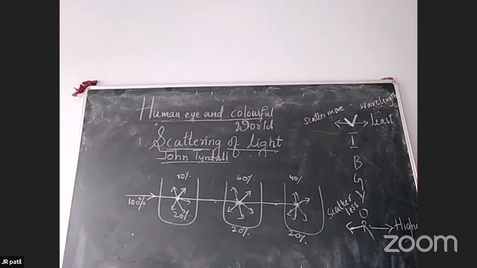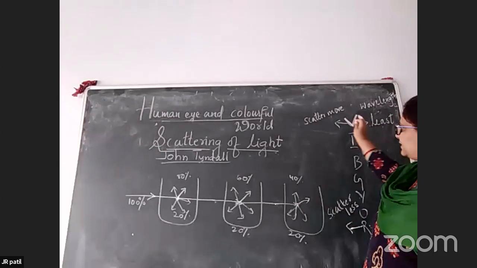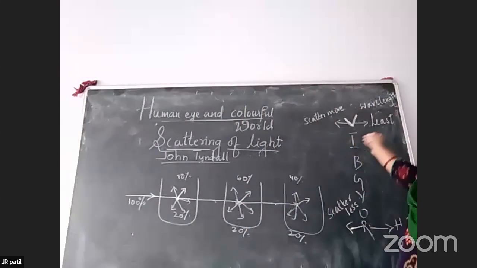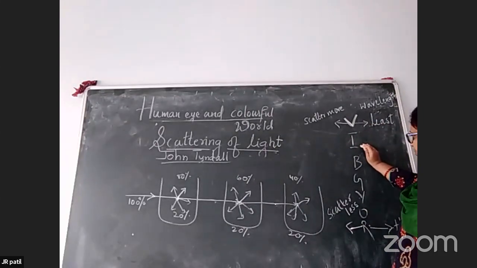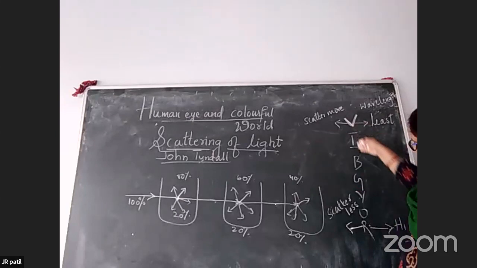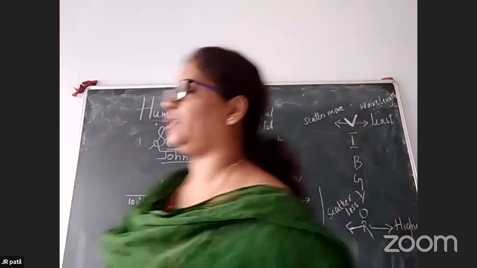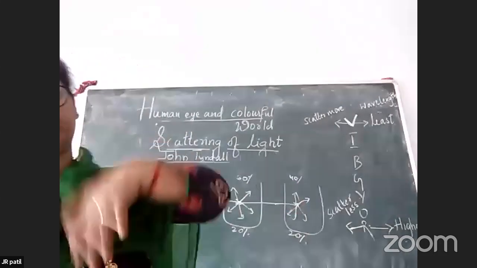So violet scatters quickly, and its intensity becomes 0 sooner. Next is indigo, and so on. Red light, because its wavelength is highest, has less scattering.